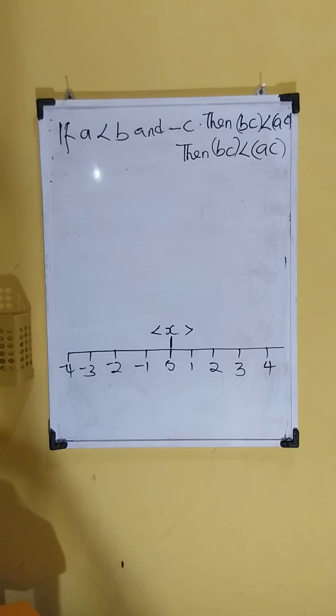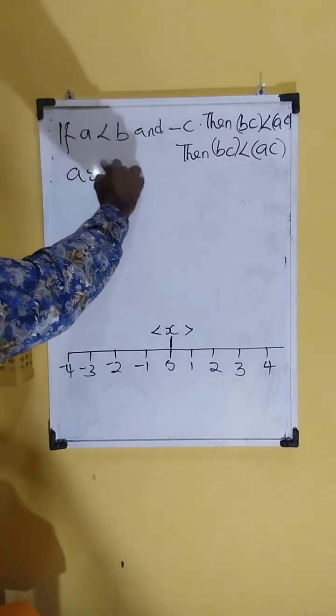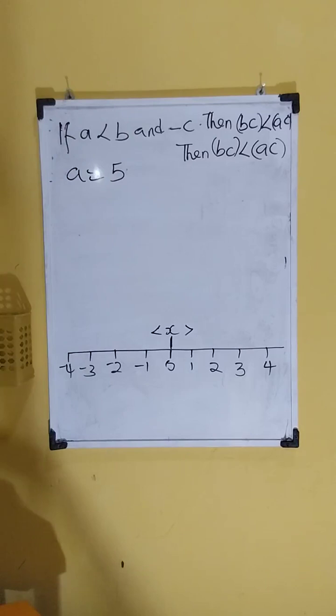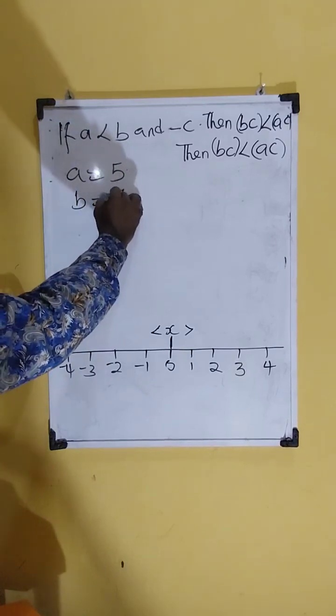Okay, first of all, let's represent the numbers. Let's say, for example, A equals 5. Then since B is greater than A, which is A is less than B, we denote B to be equal to 7. Let's use 7.